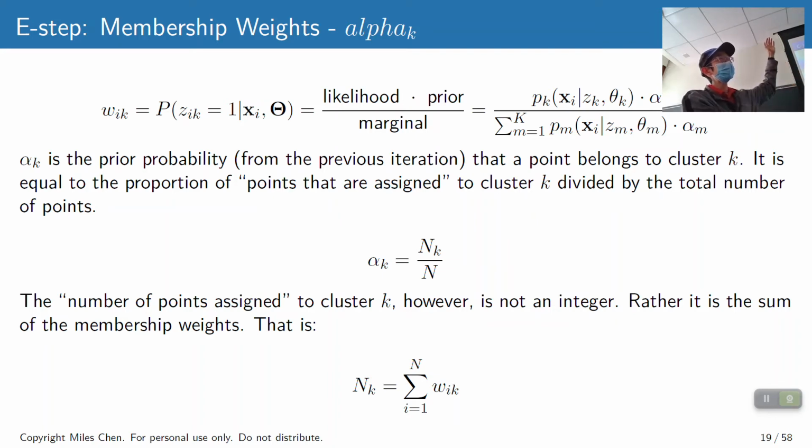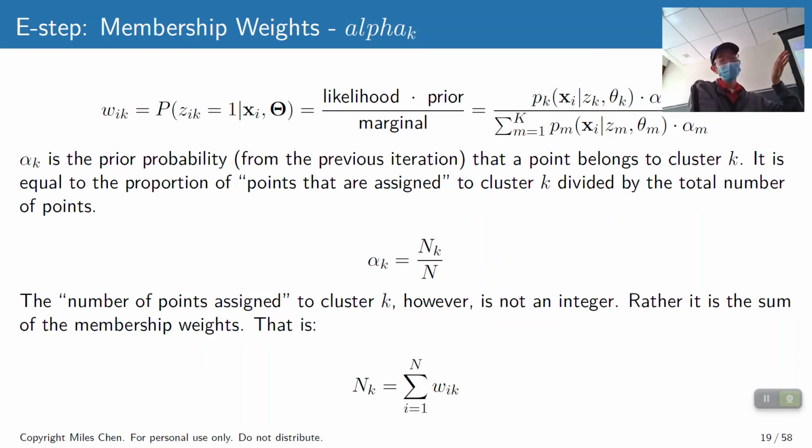If we have 1,000 points and 500 belong to cluster 1, there's a 50% probability of belonging to cluster 1. If 270 belong to cluster 2, there's a 27% probability of belonging to cluster 2. However, the number of points assigned to the cluster is not really an integer, because the points don't actually get assigned to clusters. They only get membership weights.